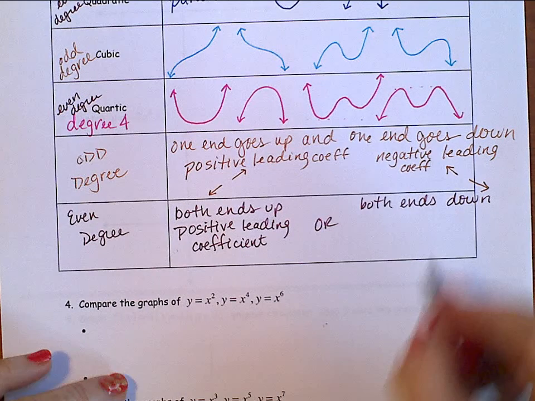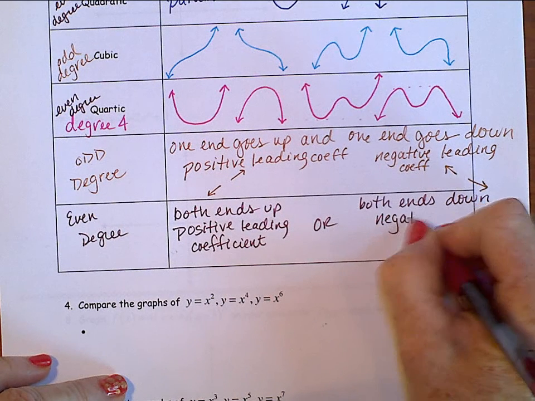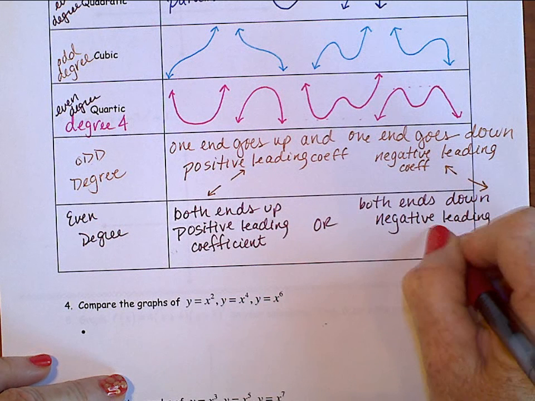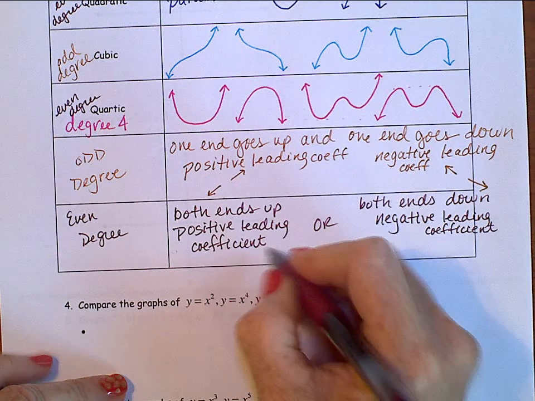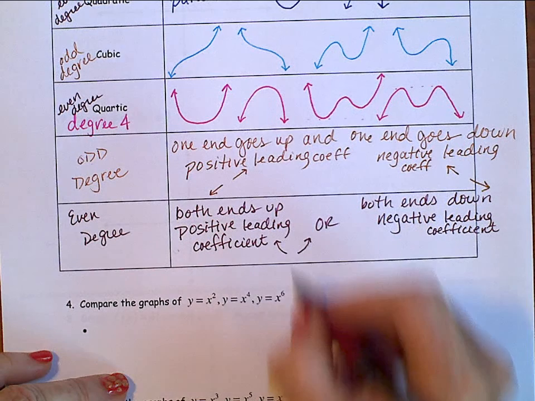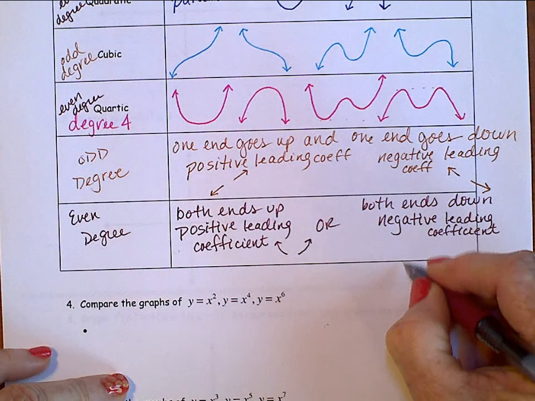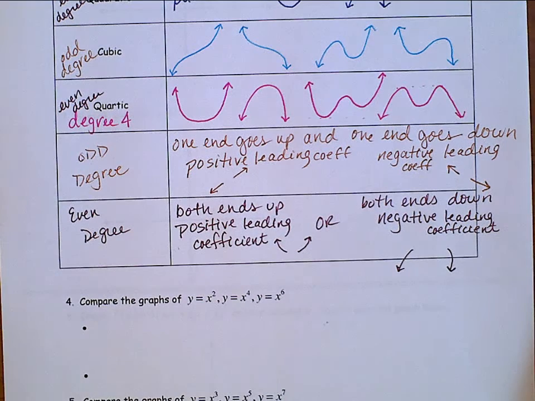And both ends down is a negative leading coefficient. Both ends up, you're going to have something like this. It may bounce around in here, or it may just connect. Likewise, both ends down, both sides are going down there.